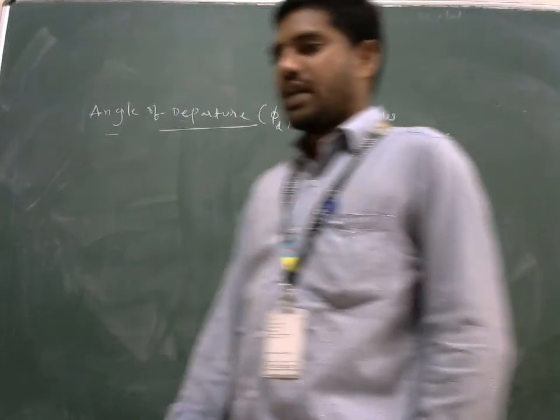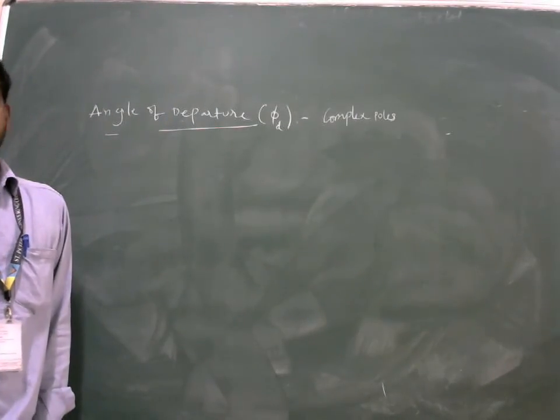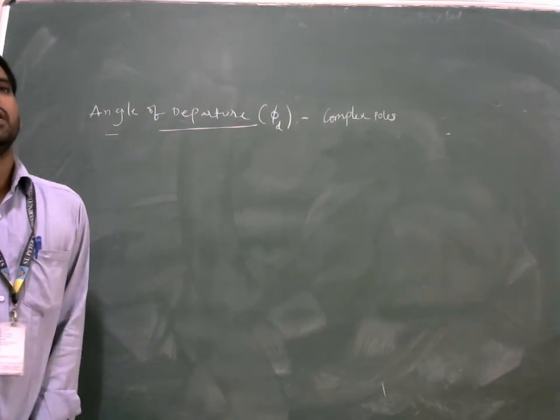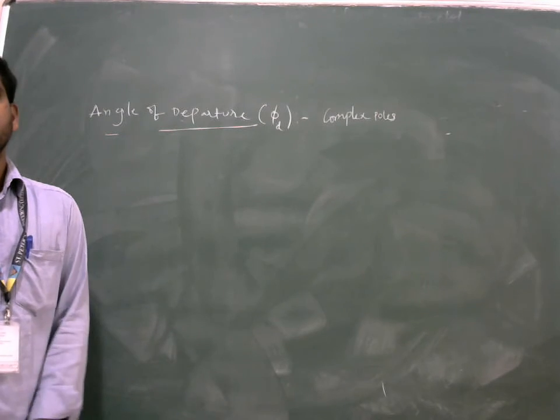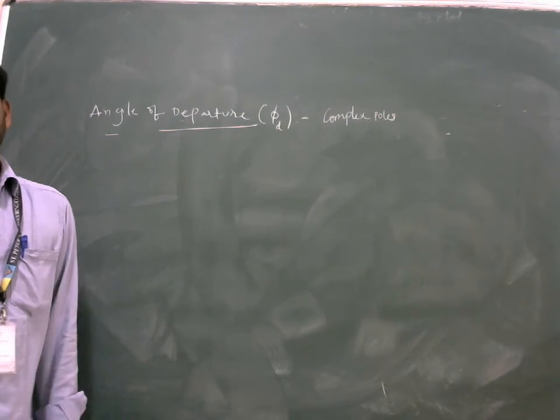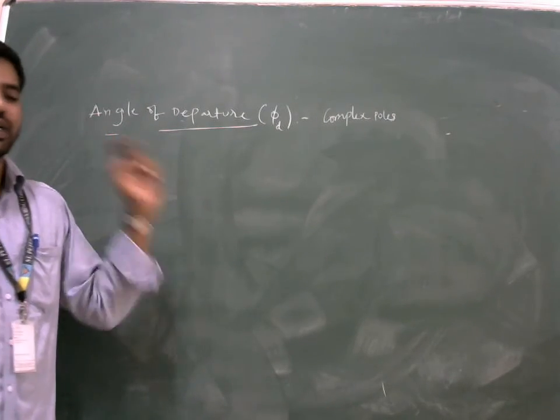Whenever we have a complex pole, then only do we have an angle of departure. If there are no complex poles, then we are not going to discuss the angle of departure. Only if there is a complex pole in the given transfer function.